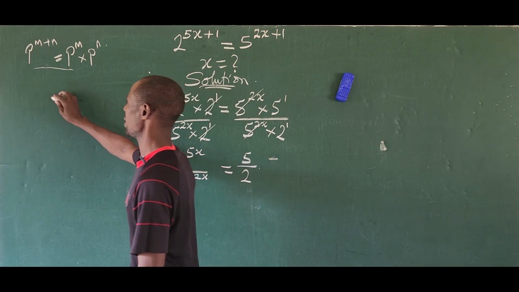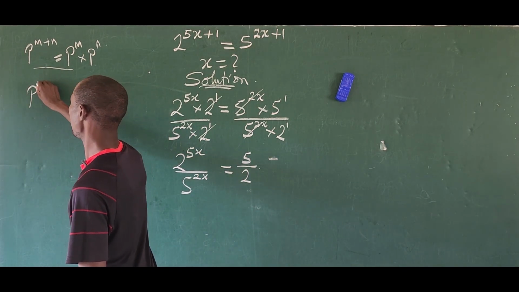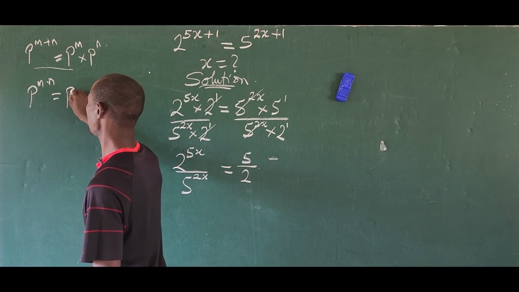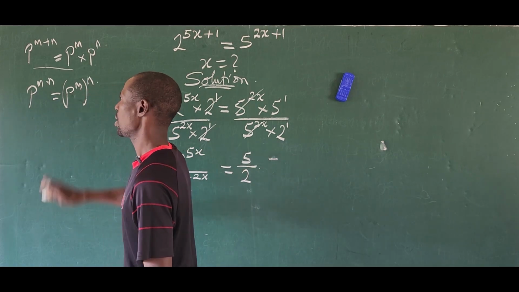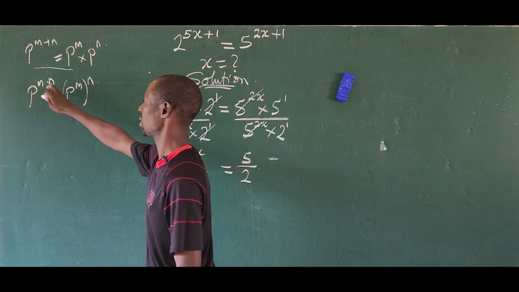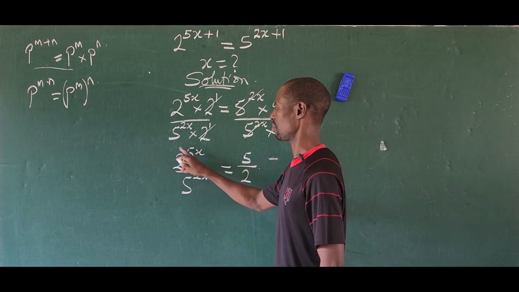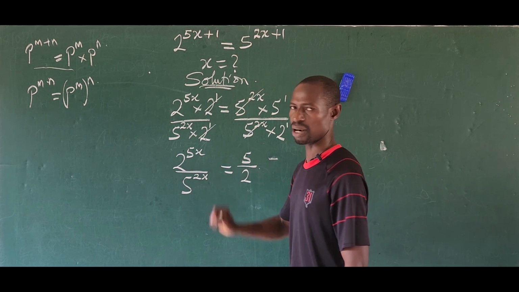First one, which says again that if you have p to the power of m times n, this is the same thing as p to the power of m, which we can put in brackets and raise to n. So if we use this power to multiply this, it will give us this back, right? So I want to separate this x from this 2 to the power of 5. Also separate this x from this 5 to the power of 2.